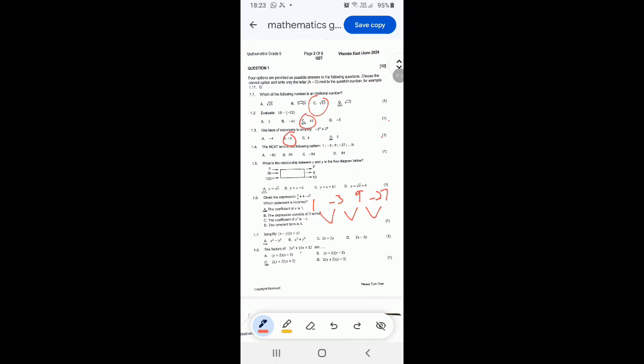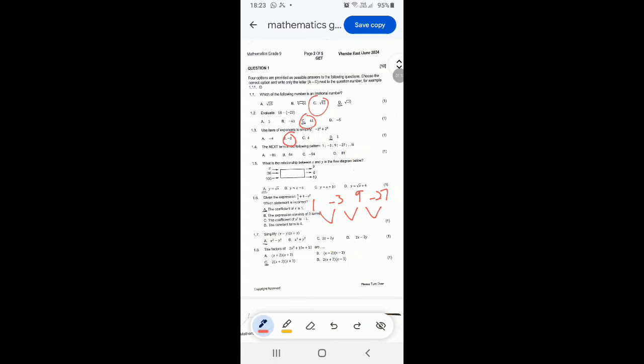So, let's say minus 3 divided by 1, we get minus 3. What about 9 divided by minus 3? We get minus 3. What about minus 27 divided by 9? We get minus 3. So we only get the same difference when we divide.